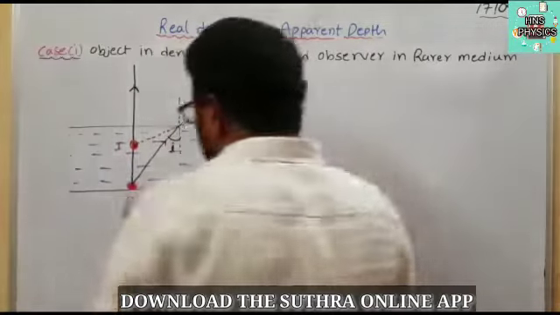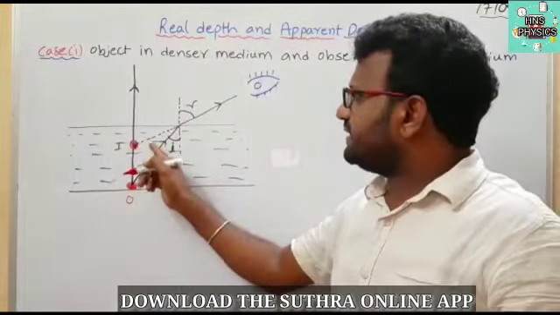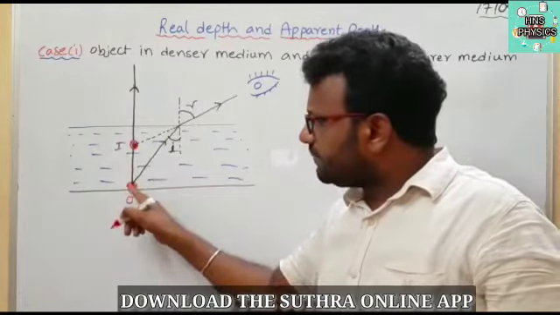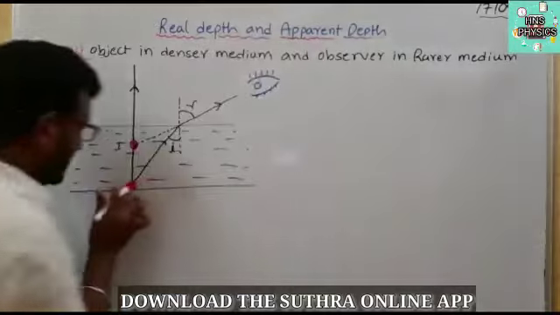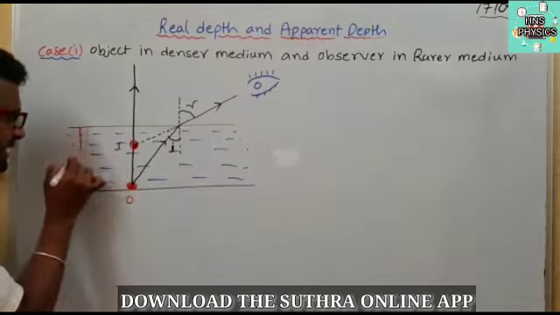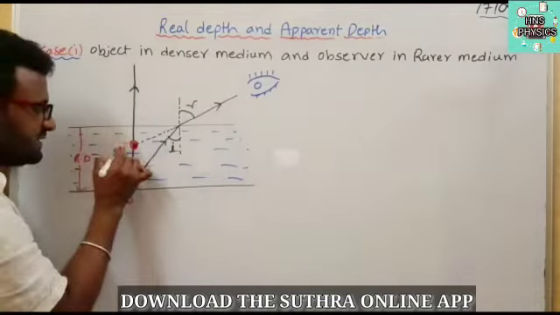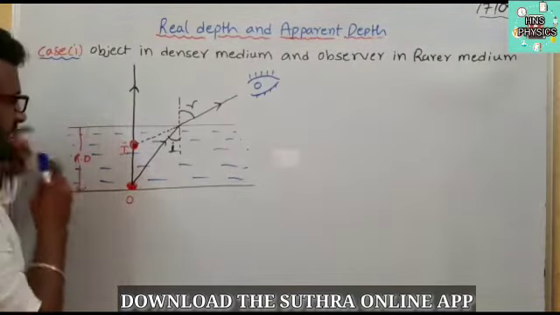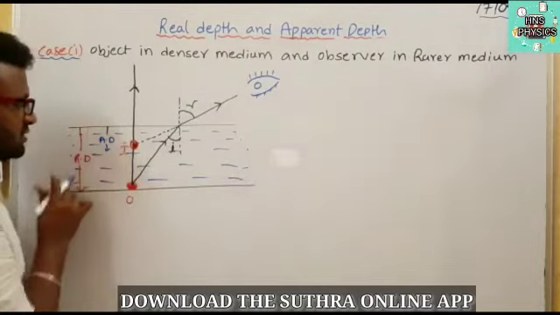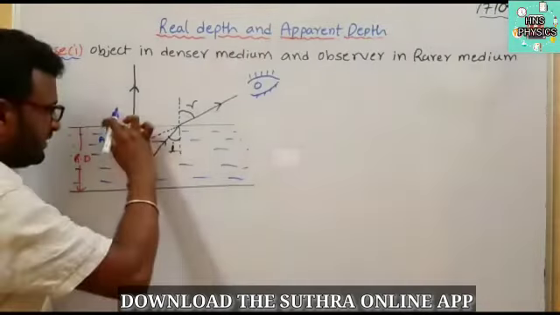Actually this is the object position, but due to refraction of light the coin appears here to the observer. The actual position is called the real depth of the coin, denoted by RD. This is the image, and its depth from the surface of water is called the apparent depth.